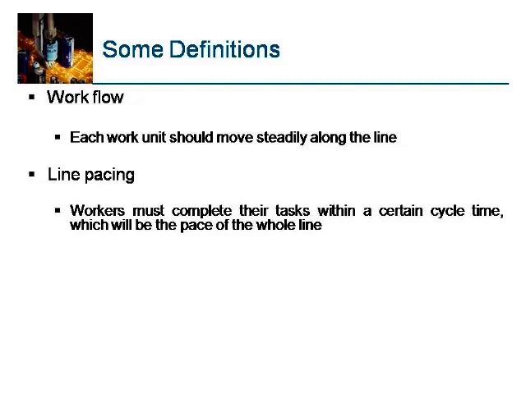Line pacing. Workers must complete their task within a certain cycle time, which will be the pace of the whole line. When the workers are standing across the line, and the line is moving slowly, the workers are supposed to complete the assembly as per the assembly time only.